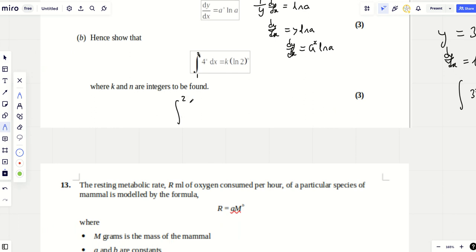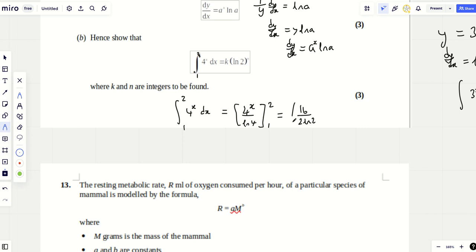Okay, so knowing that, let's have a go at doing this. We're going to integrate between 2 and 1, 4 to the power of x dx. It's going to integrate to 4 to the x over ln 4 between 2 and 1. And that gives you 16 over ln 4. Ln 4 is, of course, 2 ln 2, just because ln 4 is ln 2 squared, and the 2 can come down.